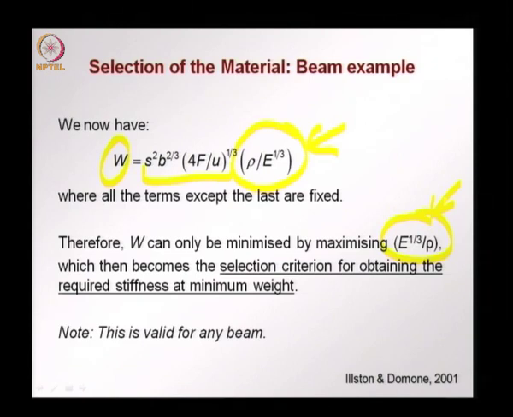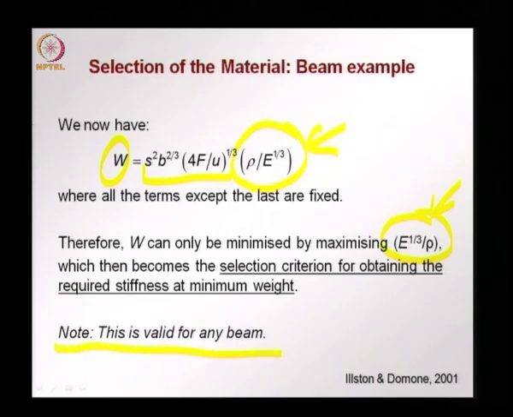And what we find is that this, though it has been derived for a simple rectangular beam which is loaded as a cantilever, becomes valid for any beam. So, for any beam, if we want an optimum solution which gives us the minimum weight for the required stiffness, we have to maximize the quantity E to the power of 1/3 divided by rho.